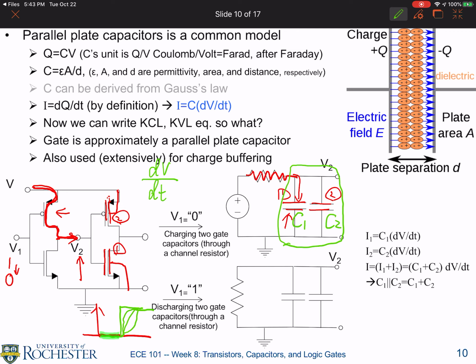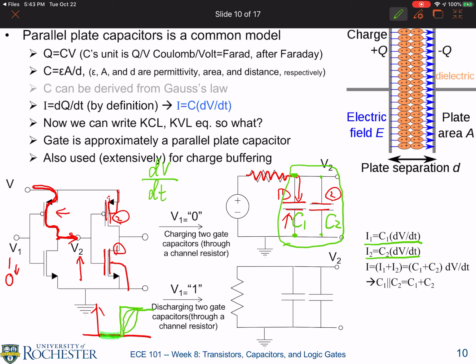We know from KVL that if they're connected in parallel, the voltage across C2 is the same as the voltage across C1. So I use one V, I don't say V1, V2. The current that flows into C1 is I1 equals C1 dV/dt. Same thing, I2 equals C2 dV/dt.